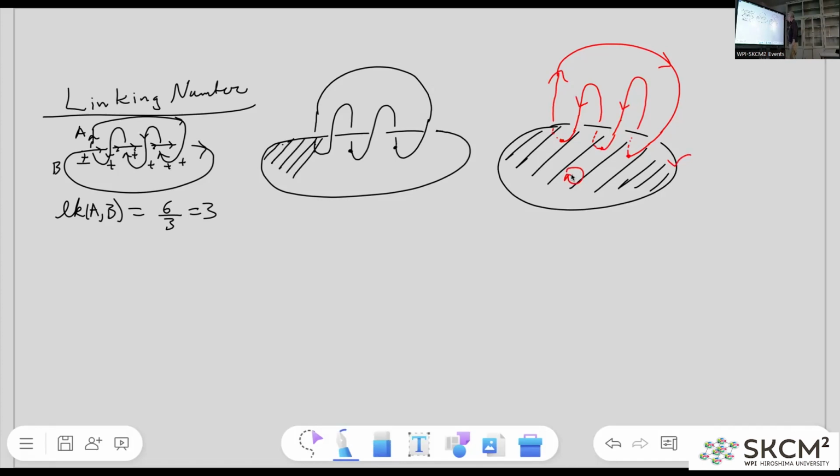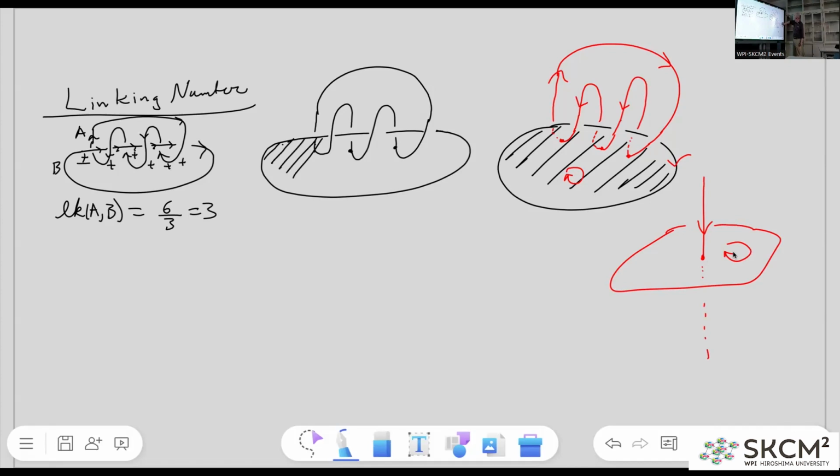So when you're looking at one of those piercings, it looks like this. You have a bit of surface, and you have something which is coming down through the surface. And the surface has a circulation of its own like that.